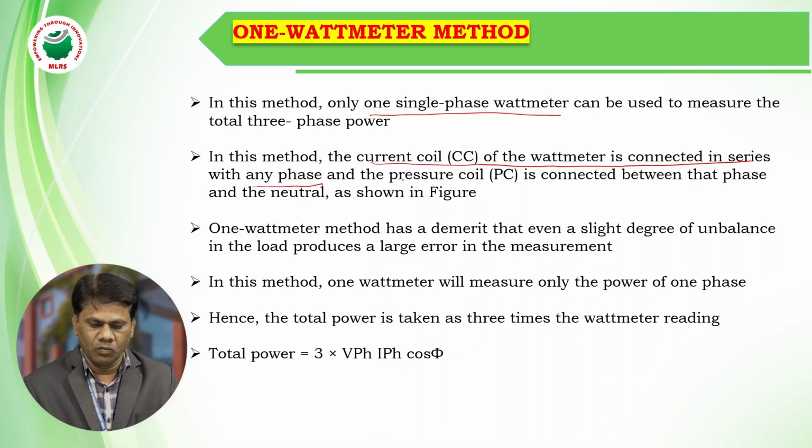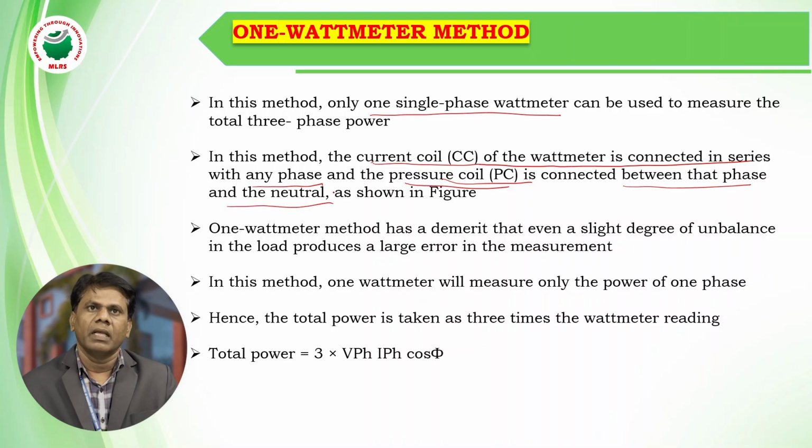Similarly, the voltage coil or pressure coil is connected between the phase and neutral of a balanced or unbalanced load. This is the connection of the single wattmeter method in three-phase, either star or delta connected load.